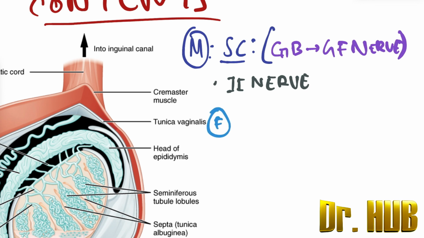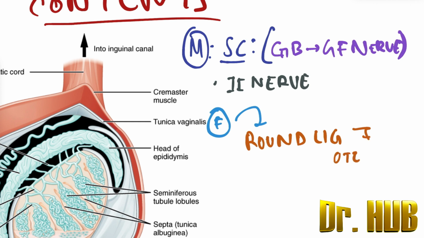Next is the F. So what is F? F stands for nothing but the round ligament of the uterus. So there is a round ligament of uterus.